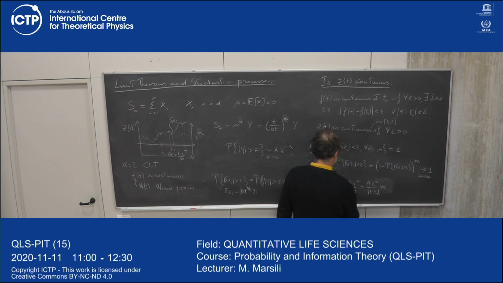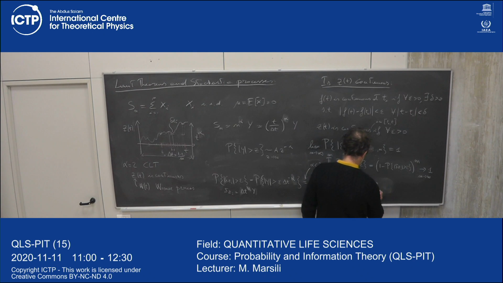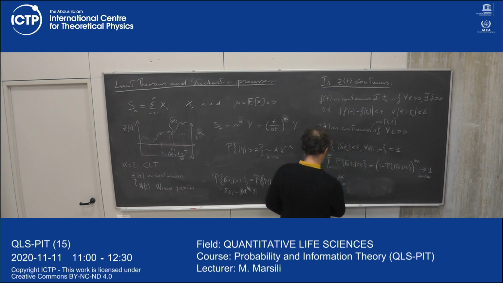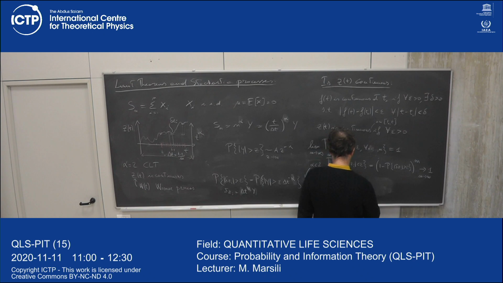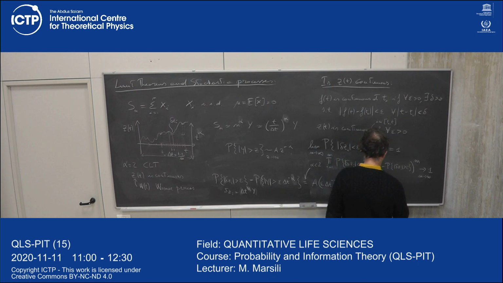So this is epsilon to the minus alpha times dt to the minus 1 times dt. So this is the converse of this. Let me rewrite it. This is a constant times epsilon to the minus alpha times delta t, which is a epsilon to the minus alpha times t minus t0 divided by m.